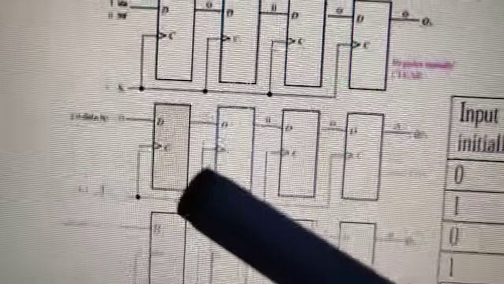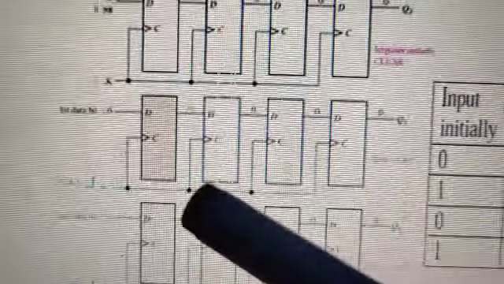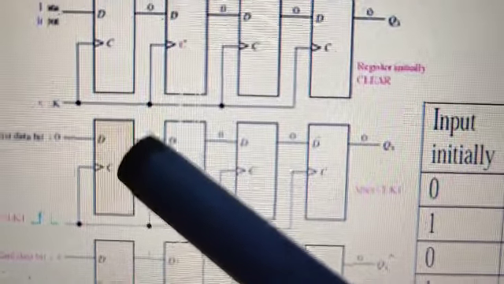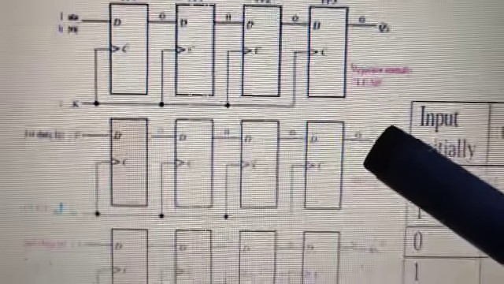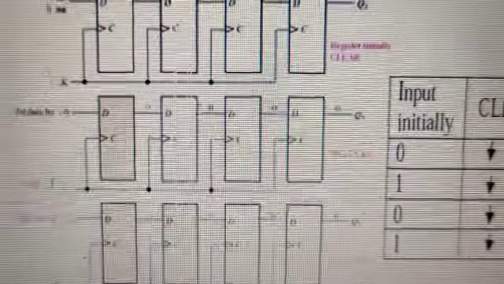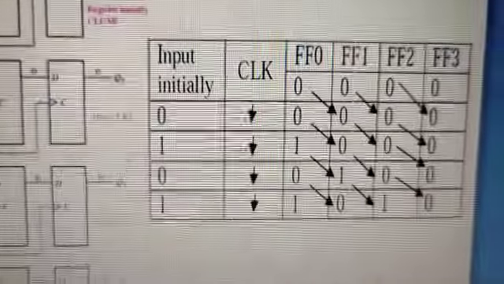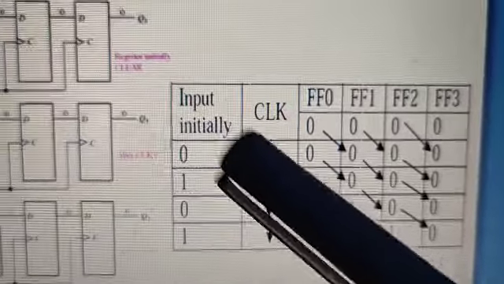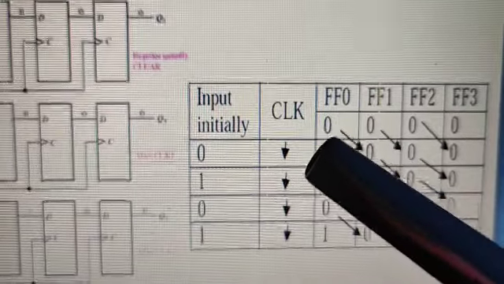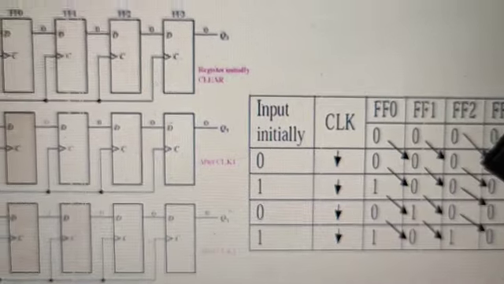To the clear pin of all these 4 flip-flops, I am going to give an input, so the output of all the flip-flops will be cleared. That is why I have written 0, 0, 0 and 0. So initially all the flip-flop outputs will be 0. That is what is written here, in the initial case, all cleared, 0, 0, 0, 0.